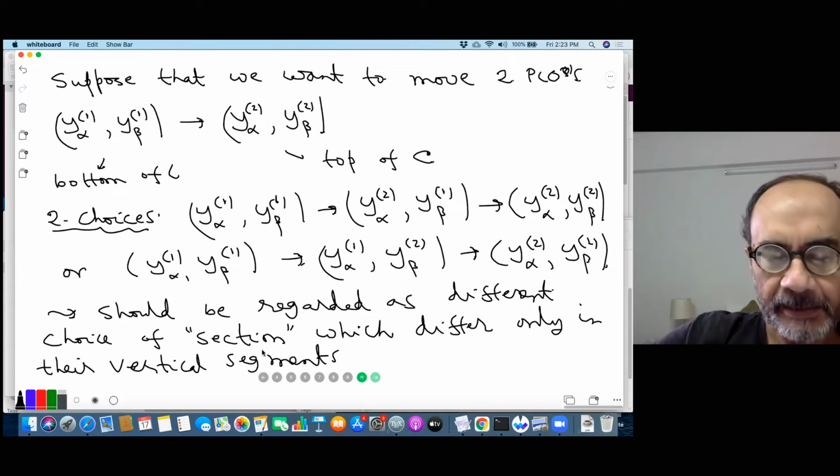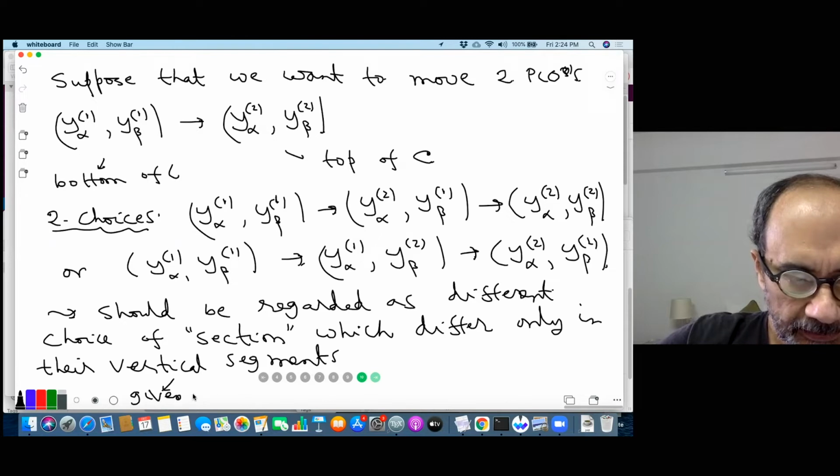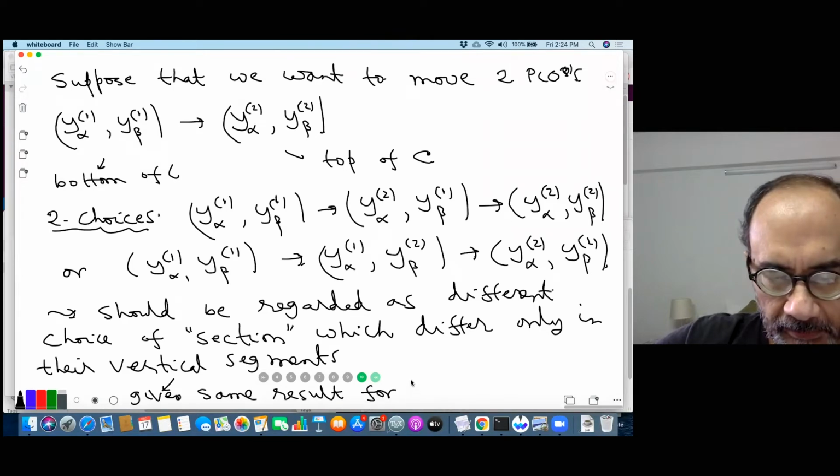Just as in the case of bosonic string theory, where we had seen that different choices of section give the same result for physical amplitudes, we can show the same thing here. So these give the same result for physical state amplitudes.